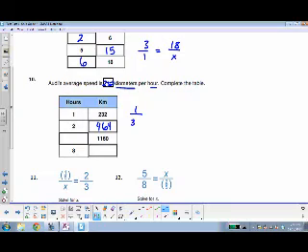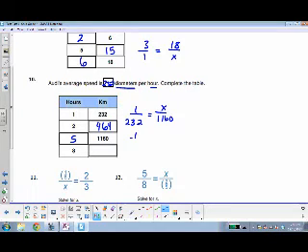Or again, I can set up a proportion. 1 over, it doesn't matter what order you put it in, 232 is equal to x over 1,160. And then I'll do 1 times 1,160, and that will give me 1,160. And then I can divide that by 232, and I'll get 5 there.